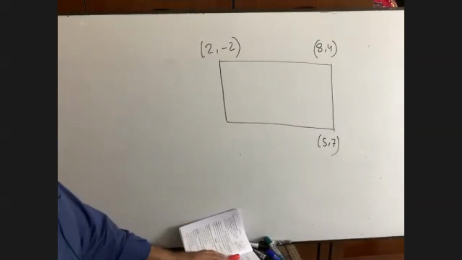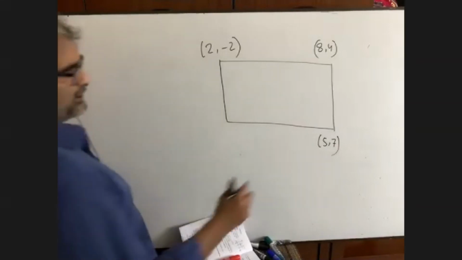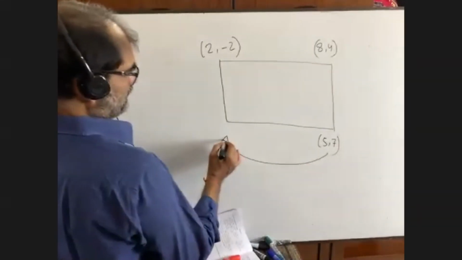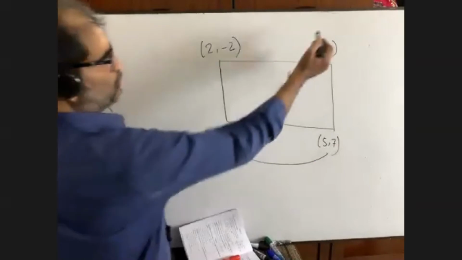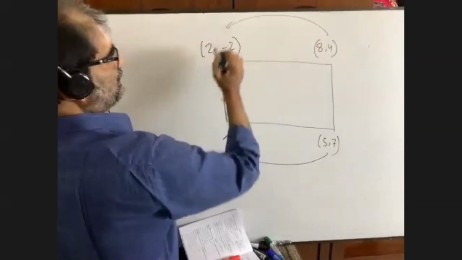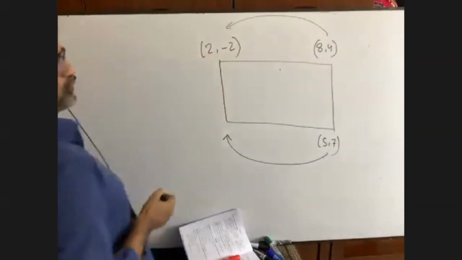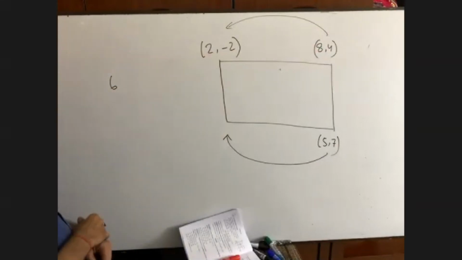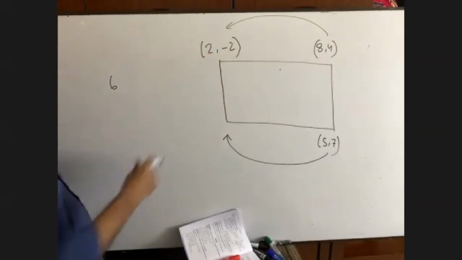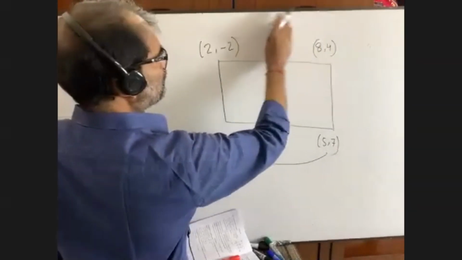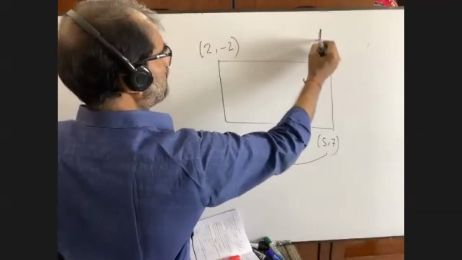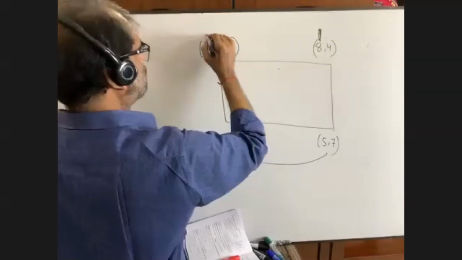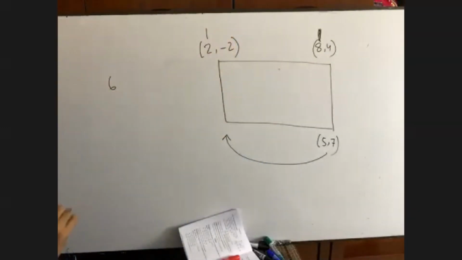Okay, don't be intense. Suppose I'll go from here to there. So we have to calculate from here. 8 minus 2 equals to what? 6. Yes, sir. 6, right?